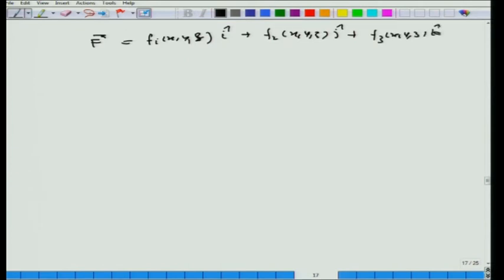Here i, j, k are the unit vectors along the coordinate axes.